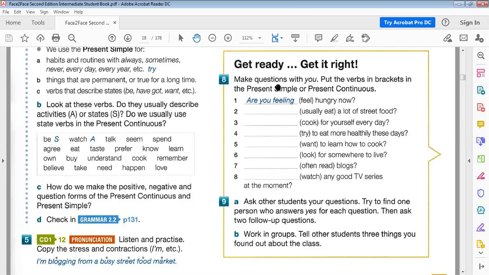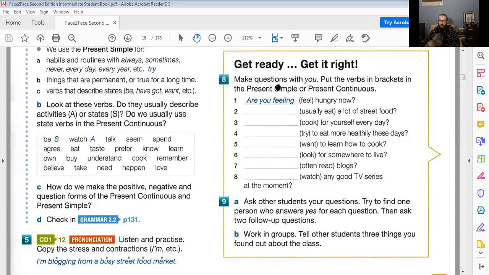This, of course, depends on the verb, and on the meaning you want to convey. So in number one here, are you feeling hungry now? It's clear that you need to use present continuous, right? Because now. So if you want to talk about something now, you have to use present continuous.